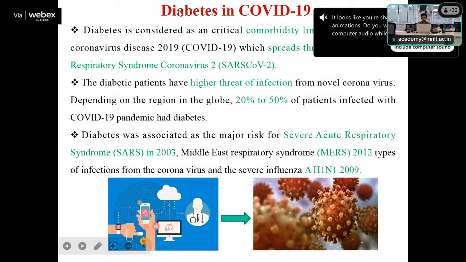It has been explained that diabetic patients are observed to be more vulnerable in previous virus attacks like SARS, which occurred in 2003, MERS in 2012, and H1N1 in 2009.